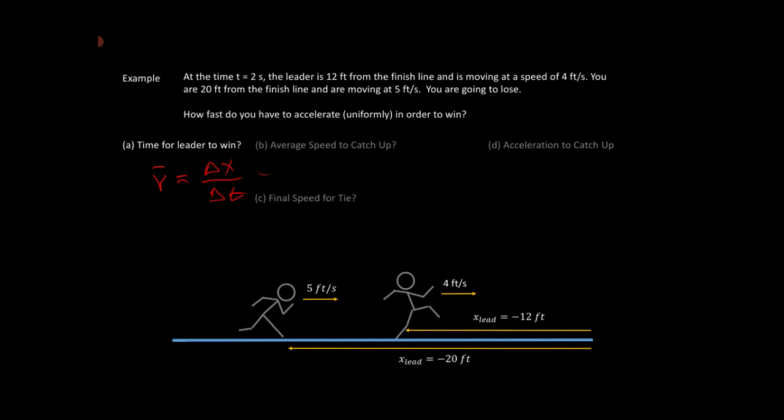Here, the delta x is the x final, which is 0 feet, minus your initial position, which is minus 12 feet, over the duration, which is the thing we want to find. And v bar, if we assume that the leader doesn't speed up, is 4 feet per second.